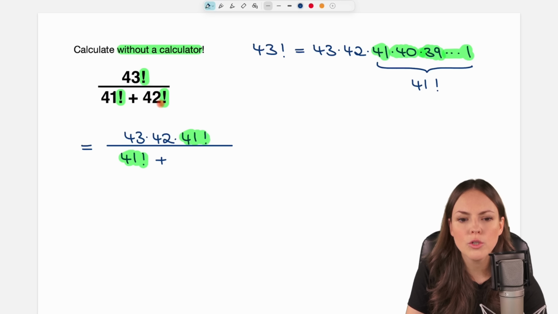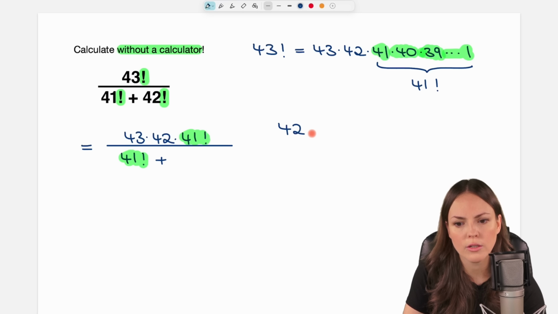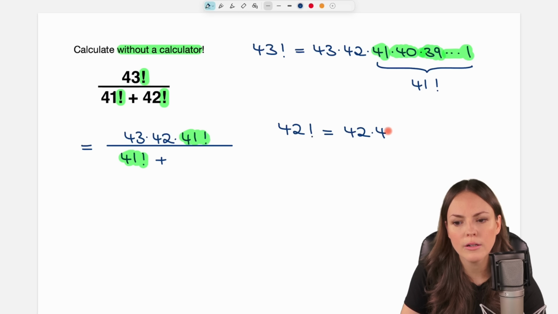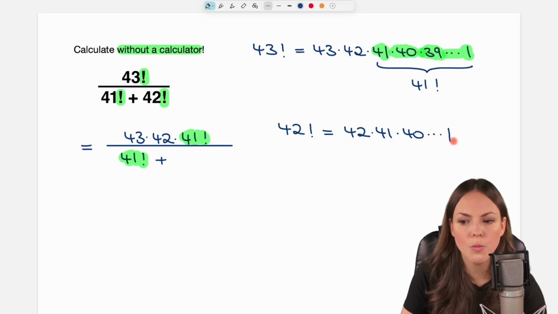And what about the 42 factorial? Well, let's see. 42 factorial means we start with the 42 and we multiply it by the next smaller number, we multiply it by the next smaller number, and so on until we get down to 1. And here we have the same thing. We have 41 times 40 and so on in here.